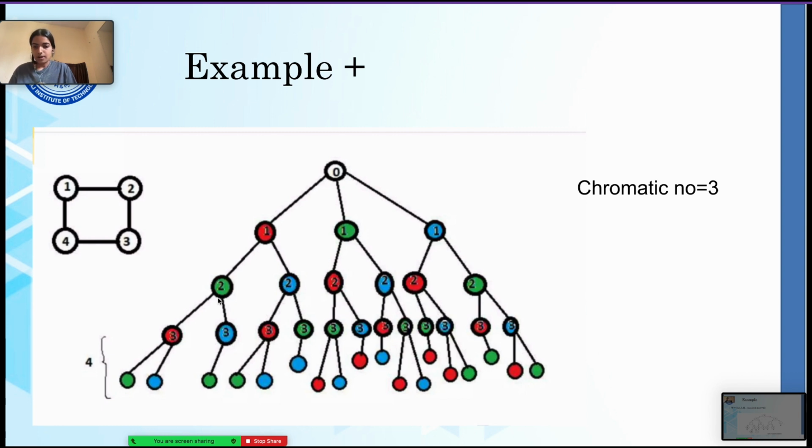After coloring vertex 2 green, we have 2 options to color vertex 3, red and blue, because vertex 3 is not adjacent to vertex 1, so we can use the red color. According to this, we can find our solution, and the chromatic number obtained is 3.